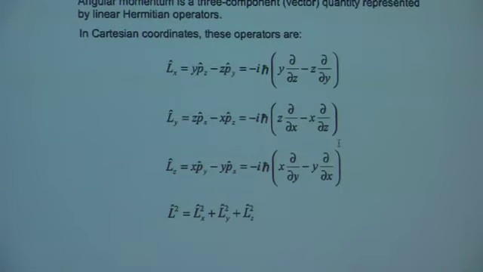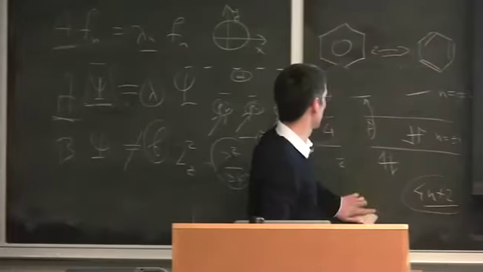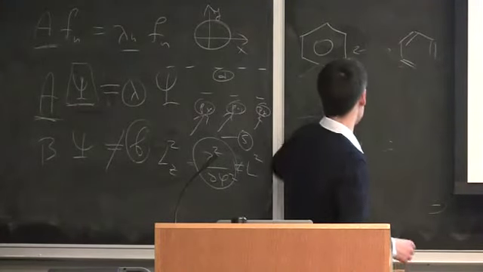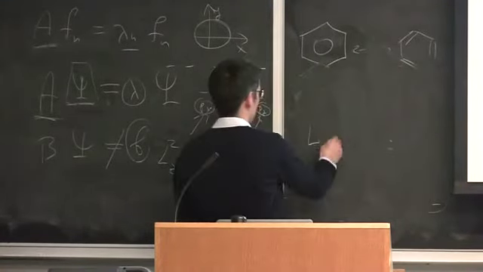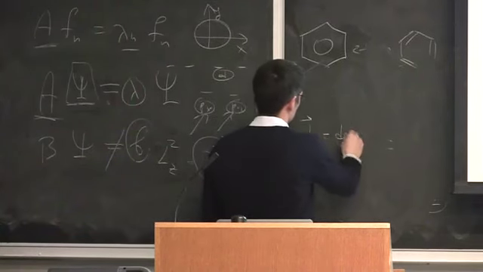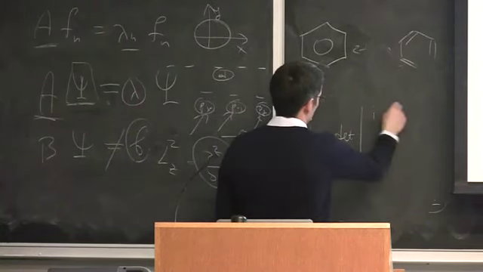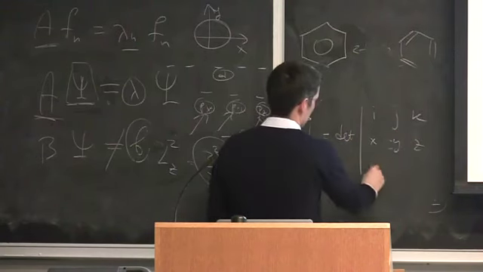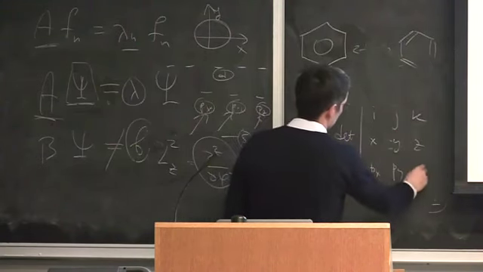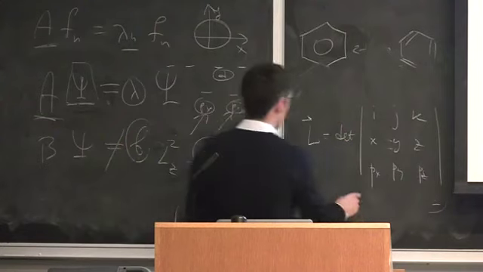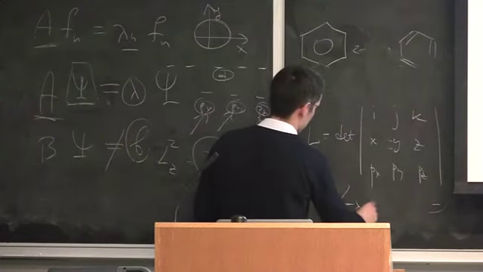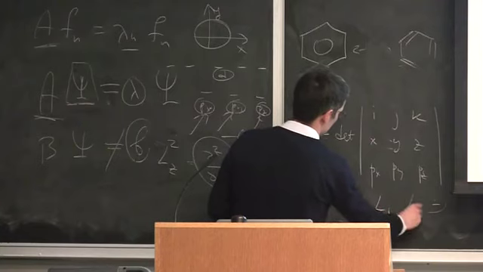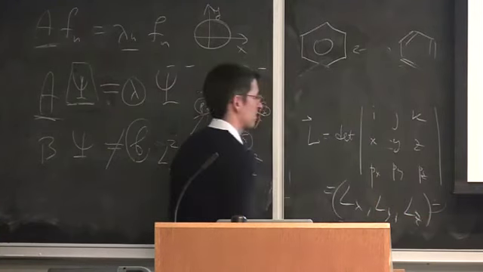You just saw that angular momentum was presented as a determinant: L is a determinant with I, J, K, then X, Y, Z, then Px, Py, Pz, and then it has Lx, Ly, Lz components.